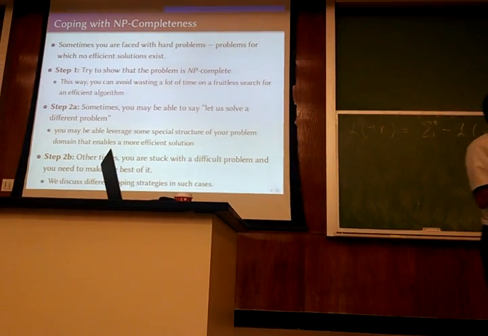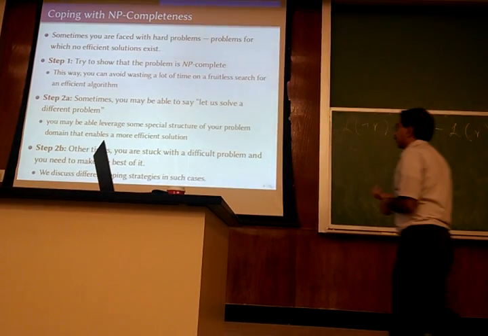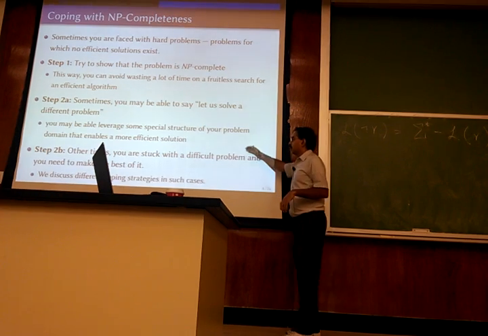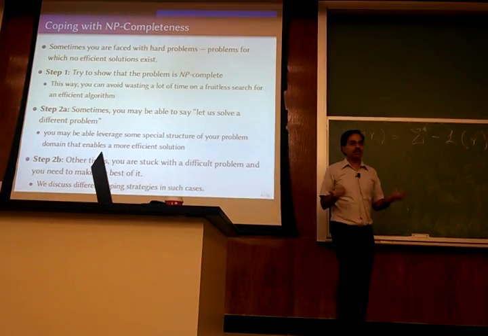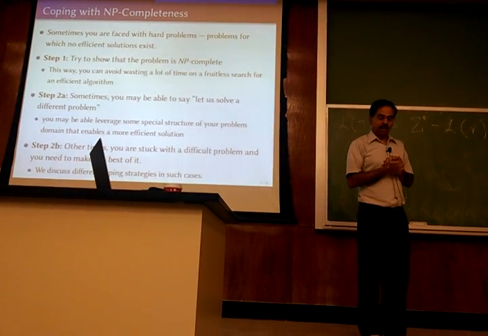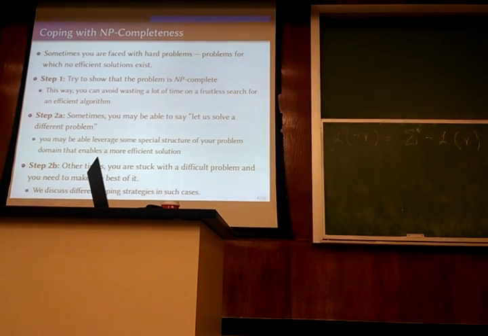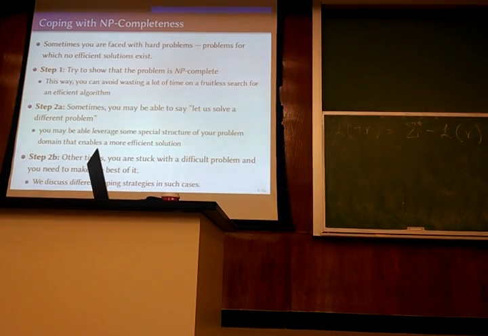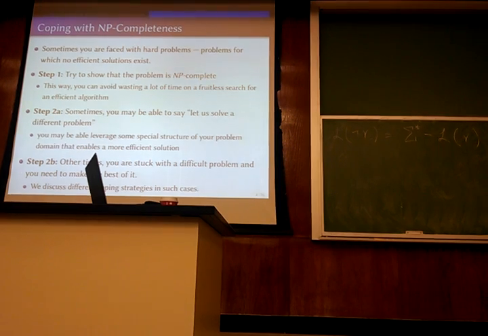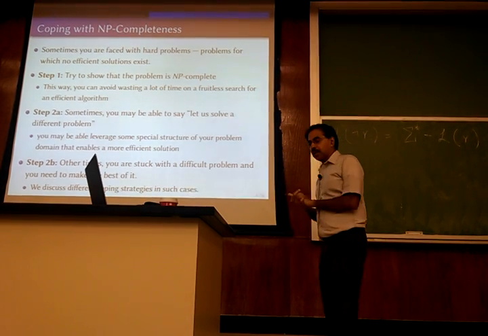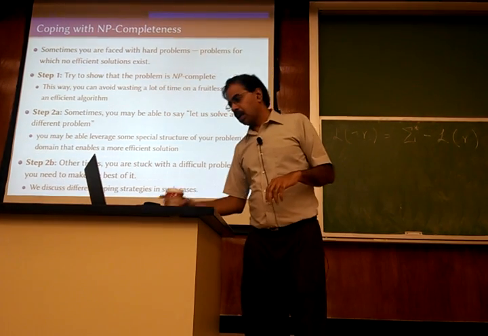That step should precede step 2b, where you're trying to find not an efficient algorithm, but how well you can do. Given that it is NP-complete, how far can you go in terms of developing something that is usable in practice?